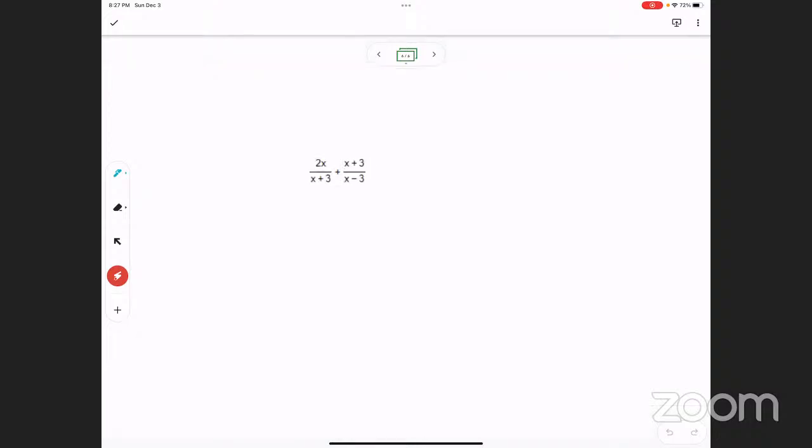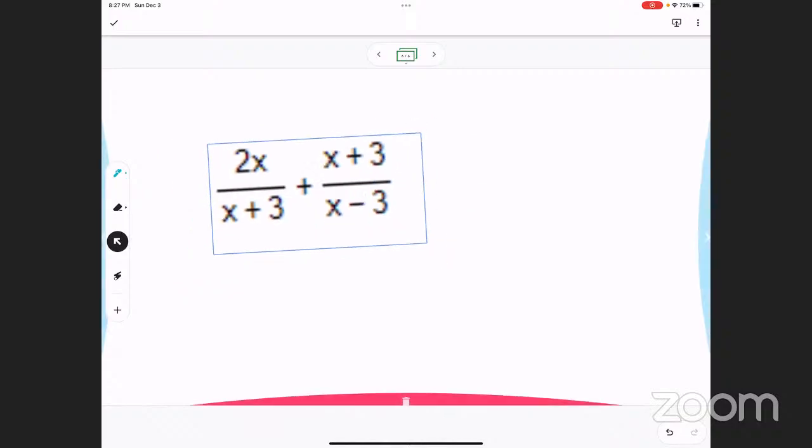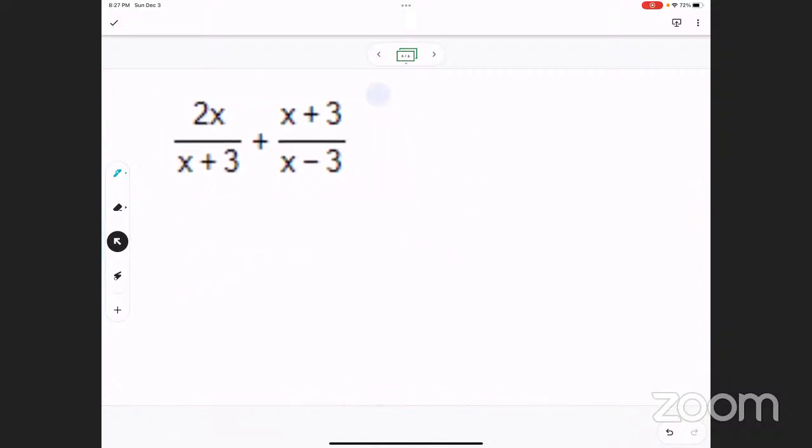All right. So this is a, oops. Make that bigger. I have a band-aid on my thumb, so I can't use my thumb to make it bigger.